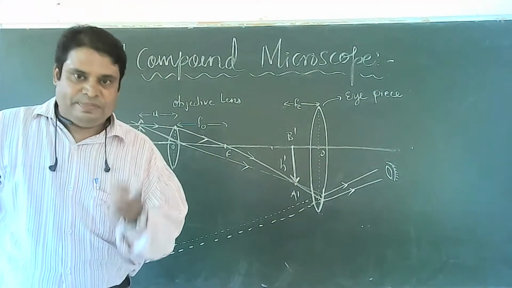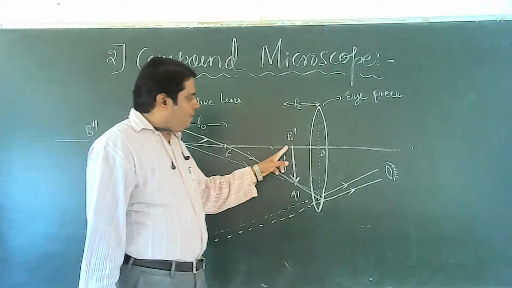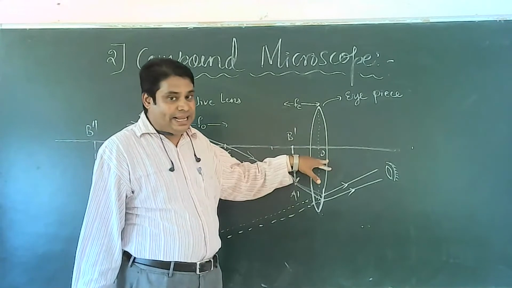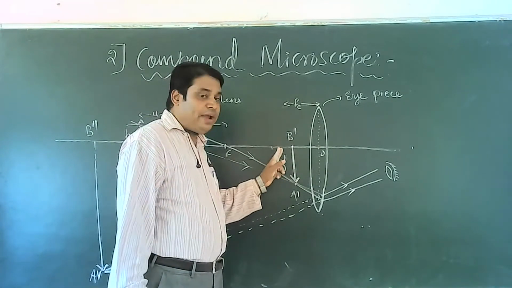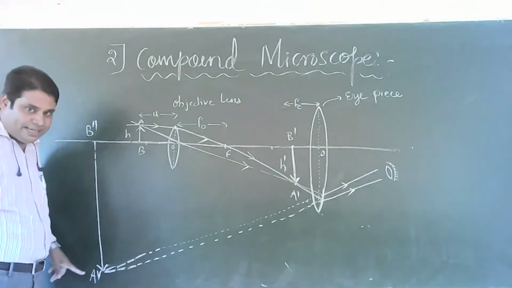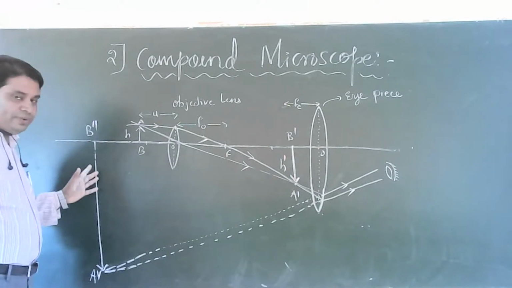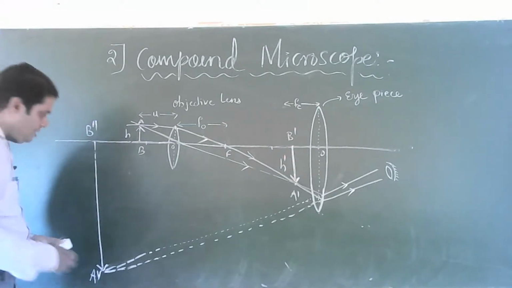Here too we have two cases: at near point and at infinity. If this image acts as an object for the second lens and its position is between f and o, then we observe a virtual image which is enlarged.